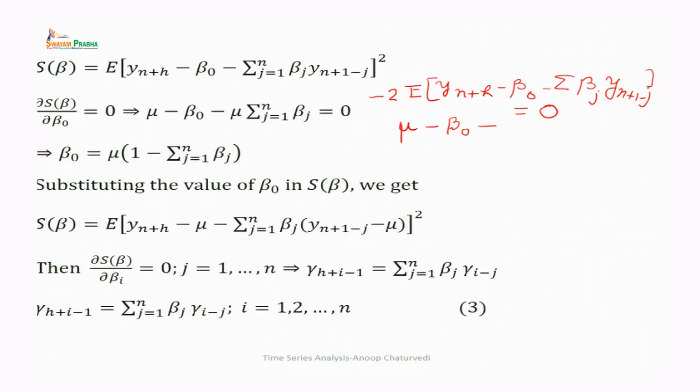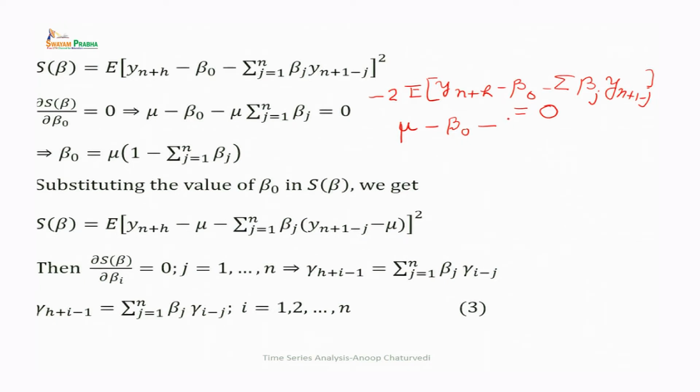Remember, initially we have assumed that your time series process is stationary as well as invertible. So, all the y's have the same mean. So, expectation of each of these y n plus 1 minus j is equal to mu.